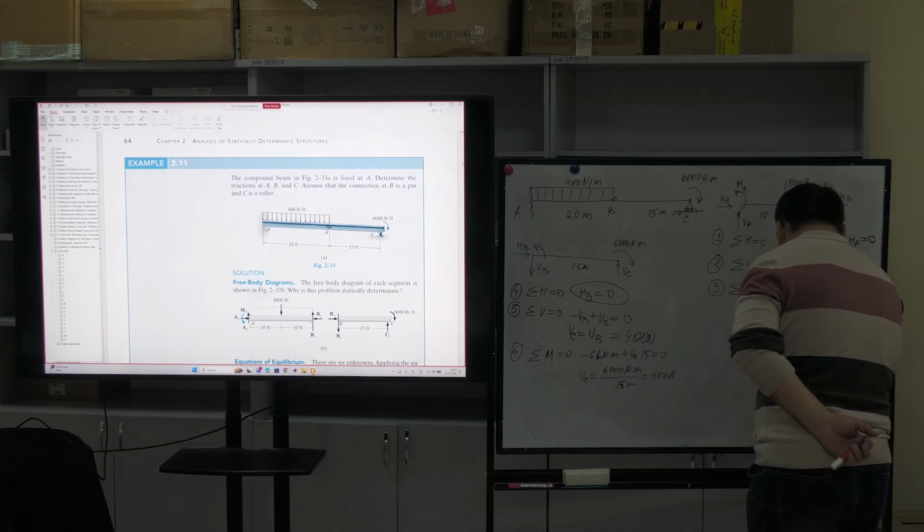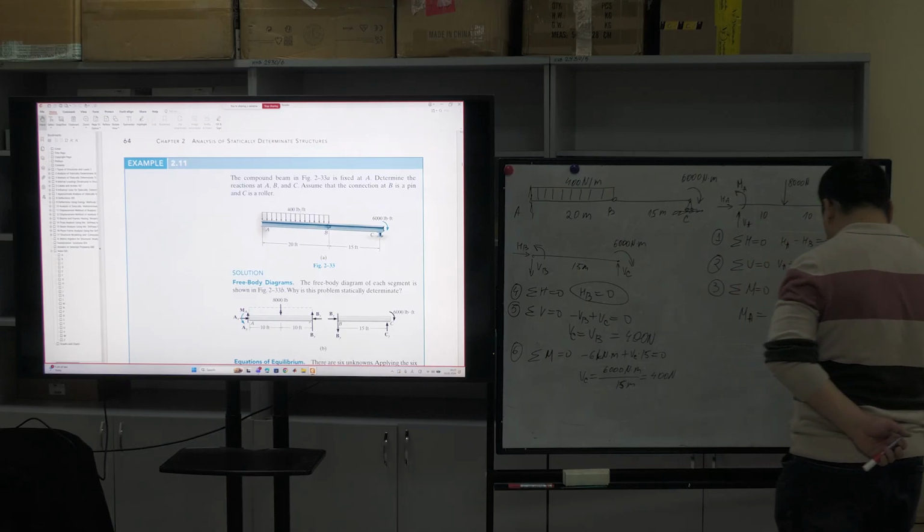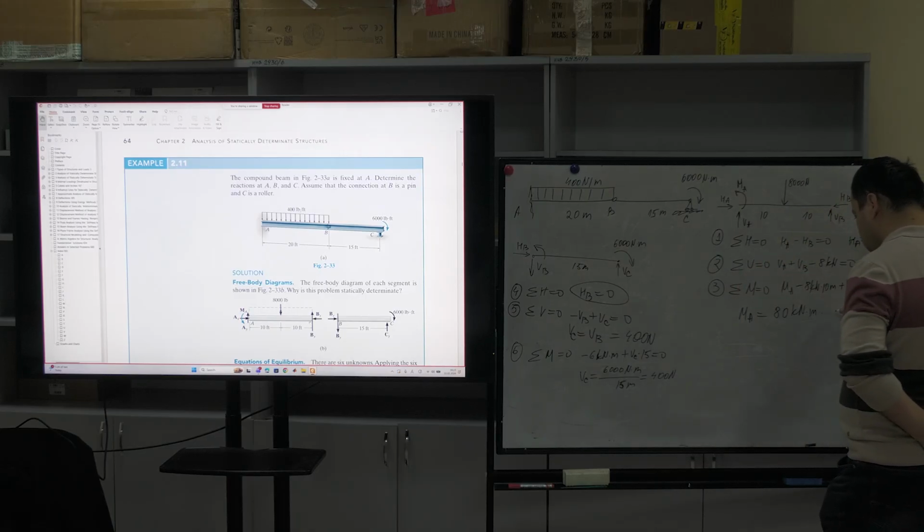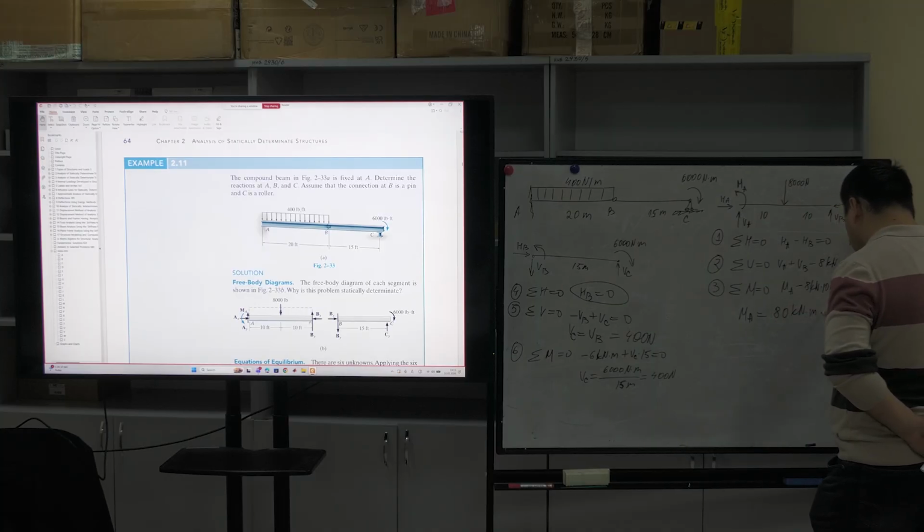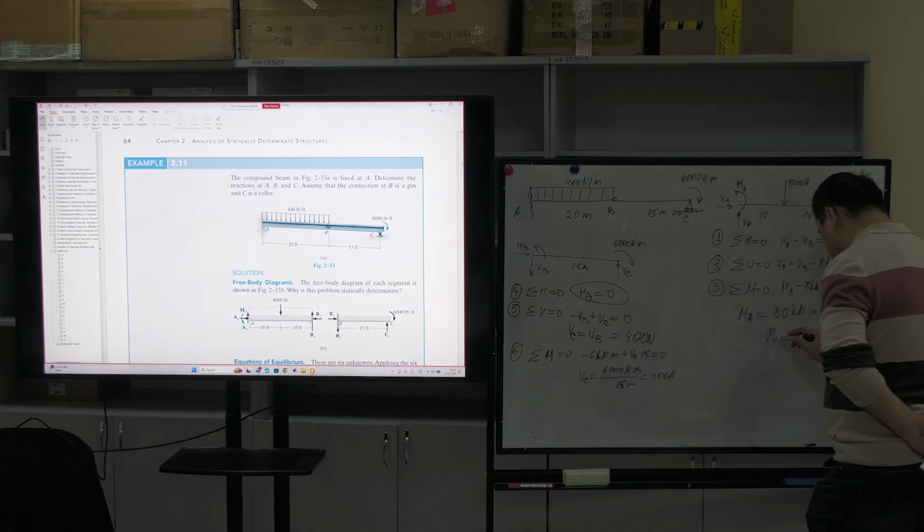MA is equal to 80 kilonewton meter product. This is negative and this is positive. This is negative, 8 kilonewton meter. MA is about 82 kilonewton meter.